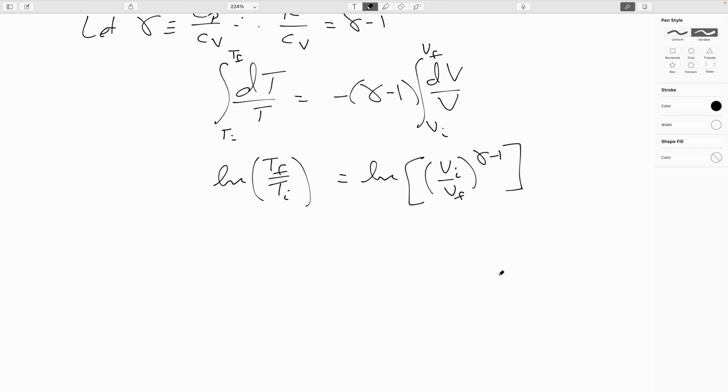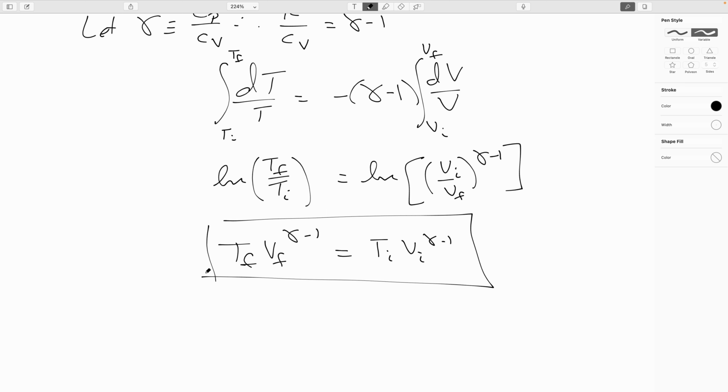So this will give us T final V final to the gamma minus 1 equals T initial V initial to the gamma minus 1. So that's one relationship between the initial and final states of an adiabatic process.